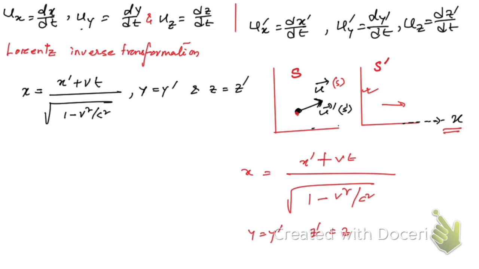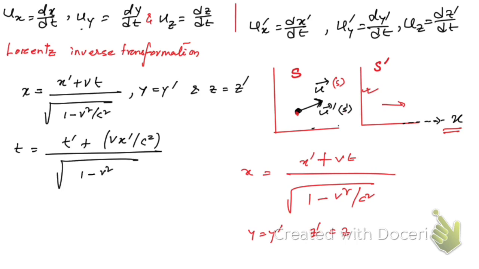Now the transformation of time will be like this: t is equal to t dash plus vx dash by c square divided by root over 1 minus v square by c square, where c is the speed of light, right?